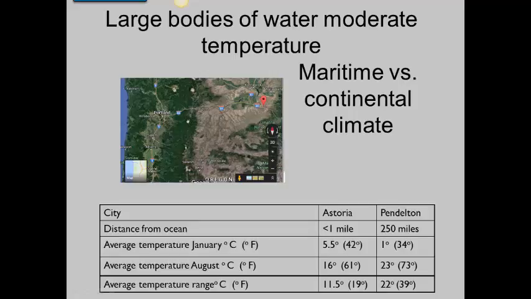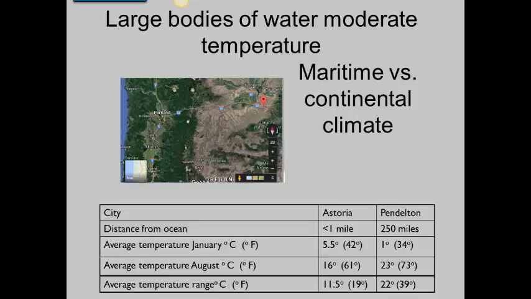What we're seeing here is a moderation of the temperature change on the coast as a result of the proximity to the Pacific Ocean. Water has an extremely high specific heat, which means it takes more energy to heat up water than it does other substances like the air.